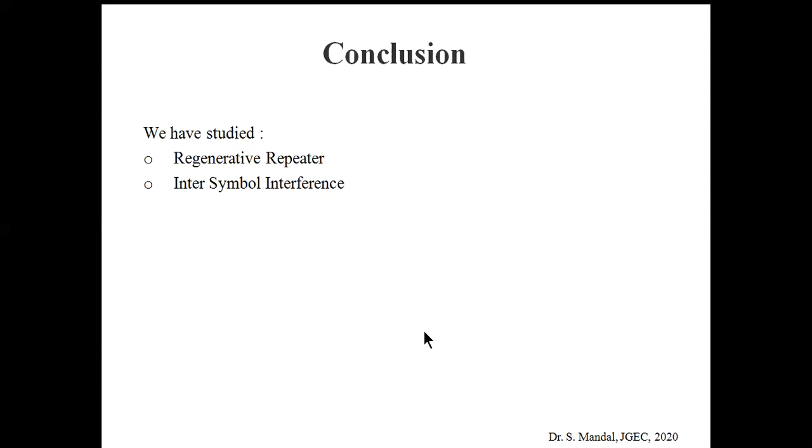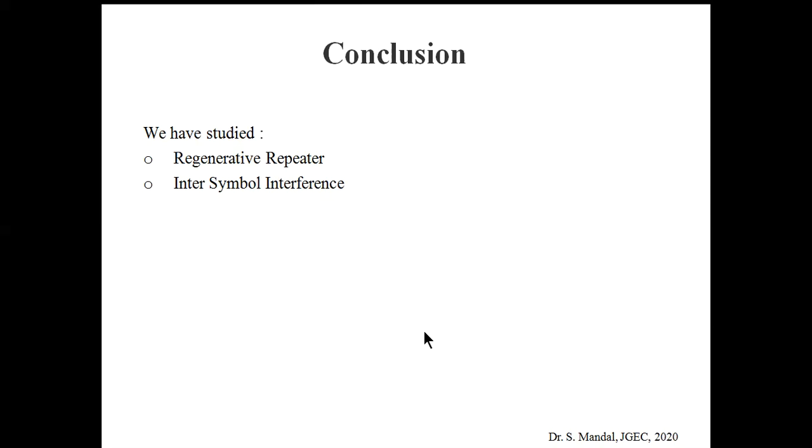Okay, coming to the conclusion, what we have studied is the working principle of the regenerative repeater, where we can easily regenerate a fresh pulse that can be used to transmit again through the communication channel.